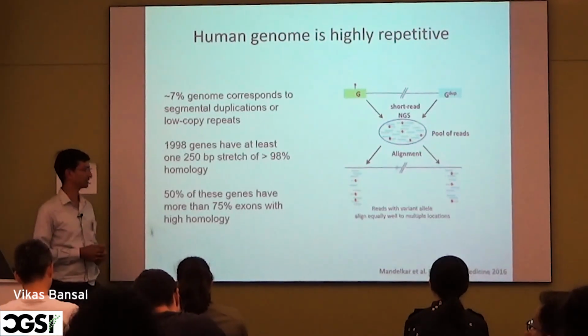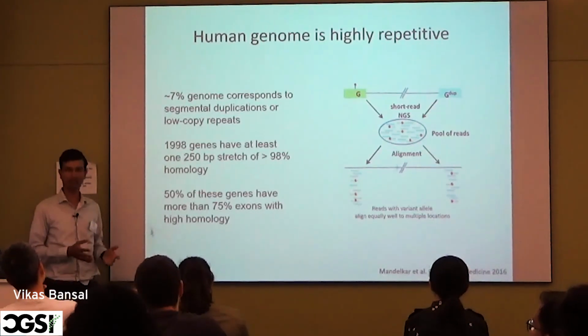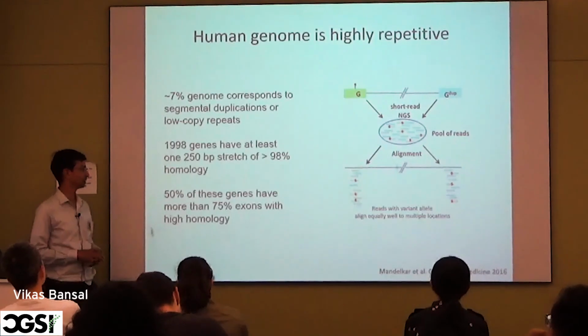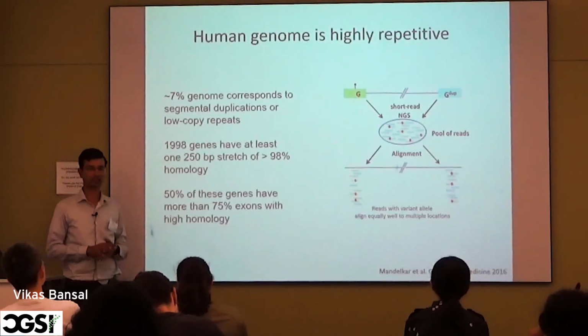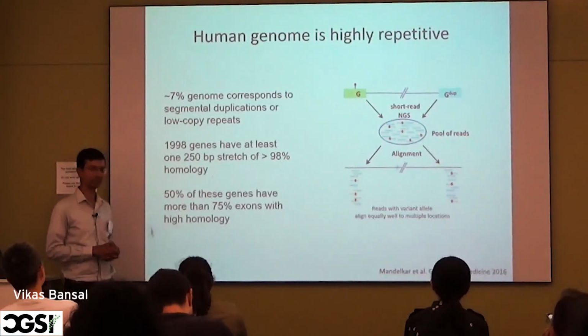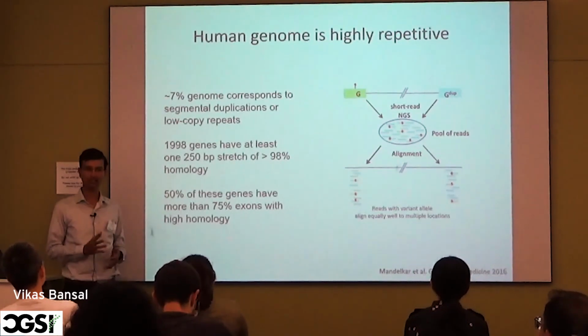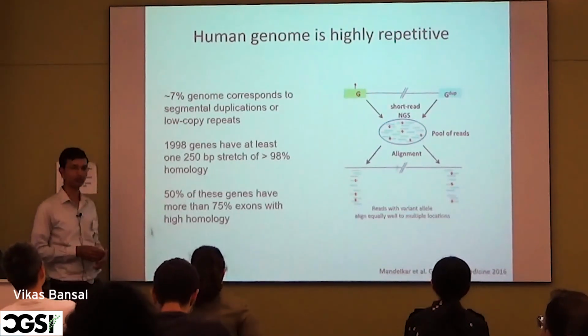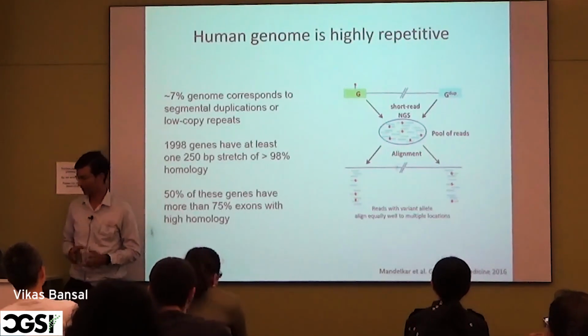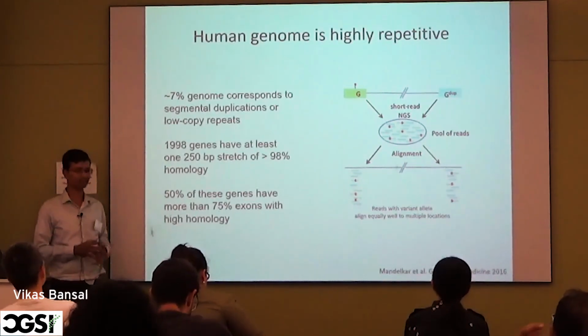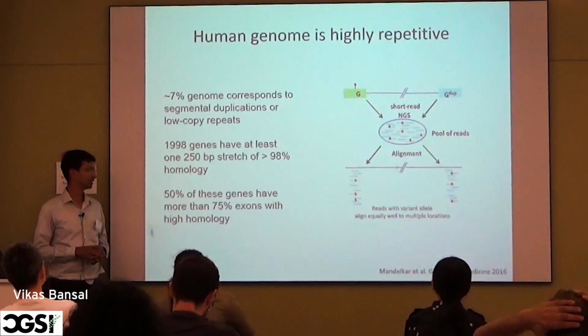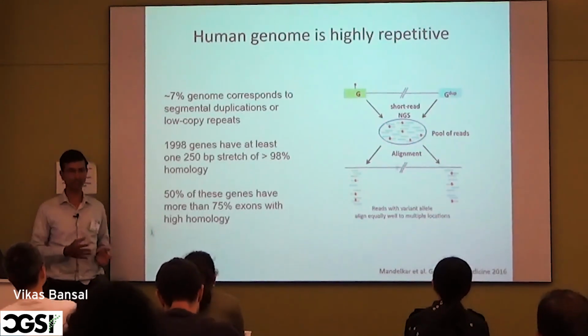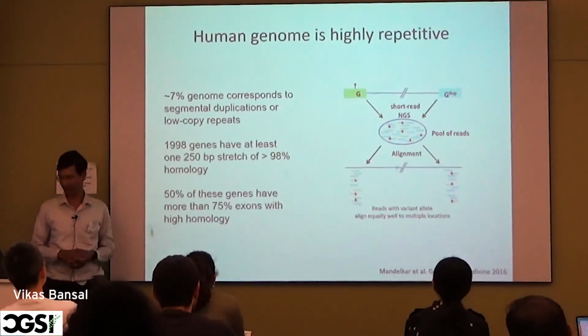This is not really appreciated when people do exome sequencing or whole genome sequencing, because the reads mapping to these regions tend to have low mapping quality, and they automatically get filtered out during downstream analysis. However, we are interested in specifically tackling variant calling and genetic analysis in these genes.